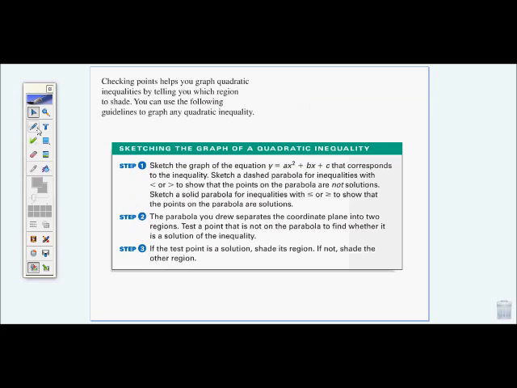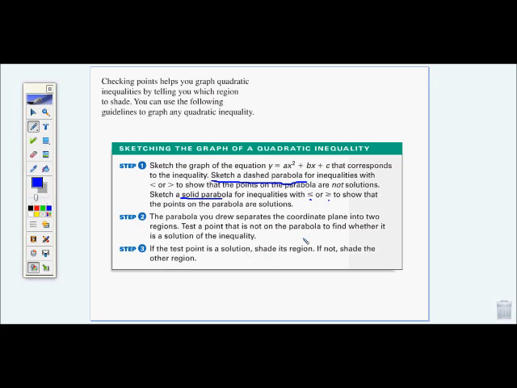You're going to notice that there are several steps that are exactly the same as they were for linear inequalities. We're going to sketch a dashed parabola for inequalities that are just less than or greater than, and we are going to have a solid parabola if the inequality contains the equal sign.